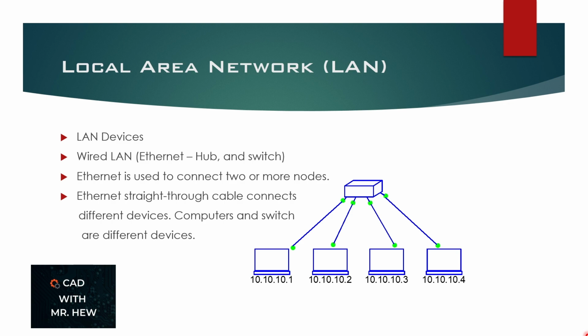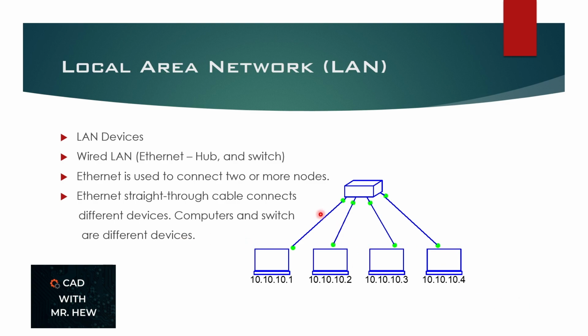LAN devices. A wired LAN uses an Ethernet cable. The Ethernet is used to connect two or more nodes. The Ethernet straight-through cable connects different devices. Computers and a switch are different devices.